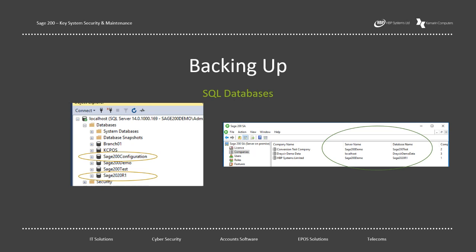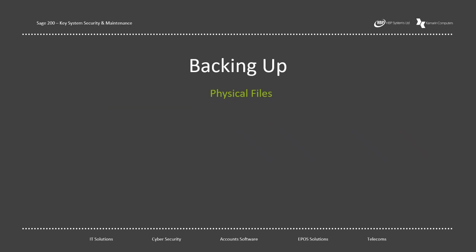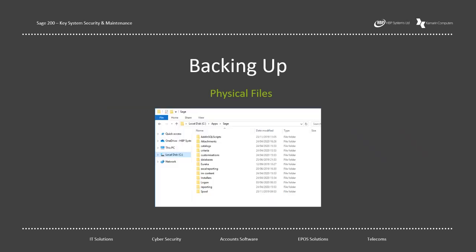But as well as that, we need to back up the physical files. So all your custom reports, all your tweaks you've done to Excel reports and uploaded back into the system, your statement designs, your spooler where you've dumped all of your reporting out to like yesterday because it's month end and you're going to print them off today.